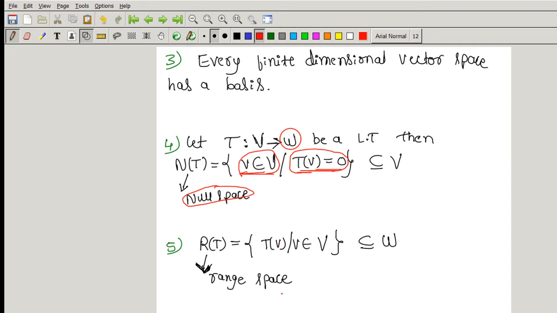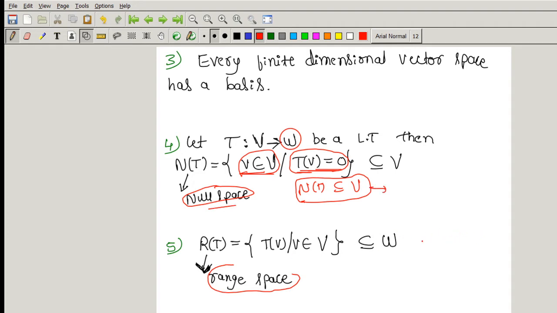Then what do we mean by the range space of T? First, remember this: N of T, the null space, itself forms a vector space.